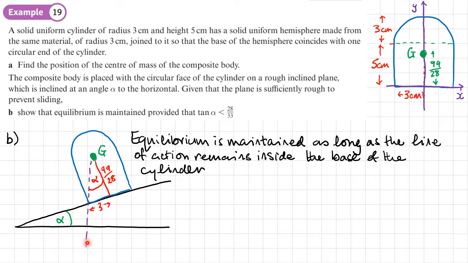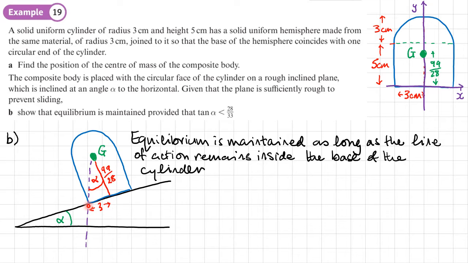So this is the maximum angle of incline I can have where the shape will remain in equilibrium. So think about it, as this angle increases, this line of action begins to move outside the shape. So I want it to be inside the shape.